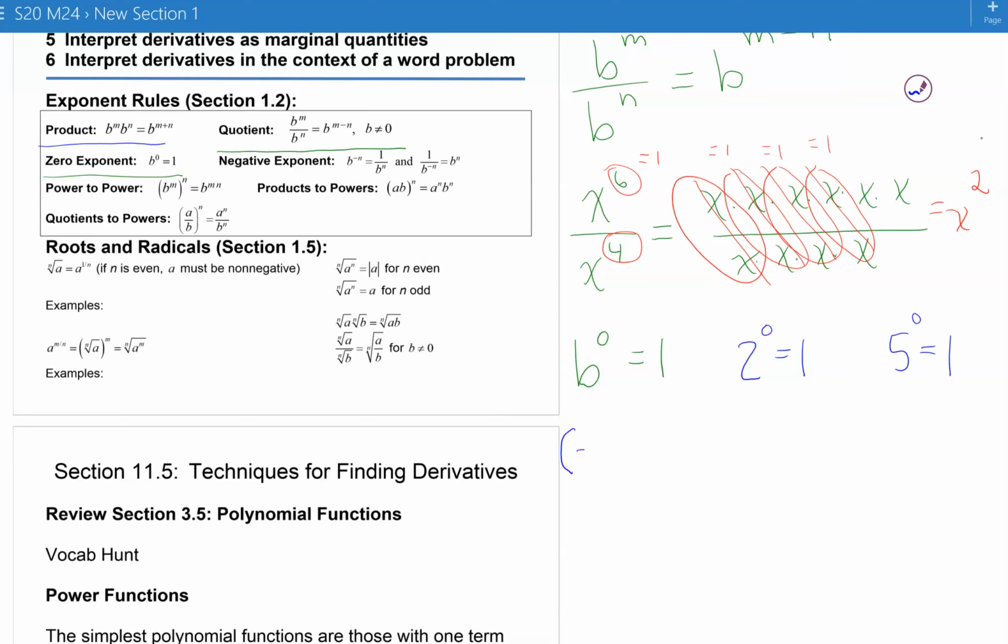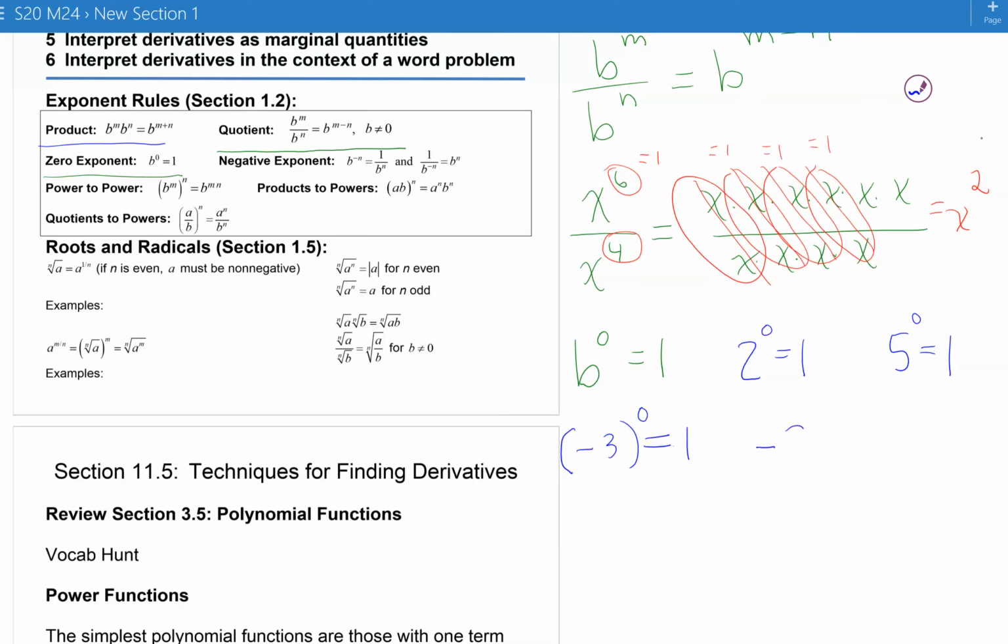But then if I have the number -3 to the 0, you need to see what's different here. If I put parentheses around the number -3, then the -3 is acting like the b, the base. And that's going to be 1, because any real number taken to the 0 power is 1.